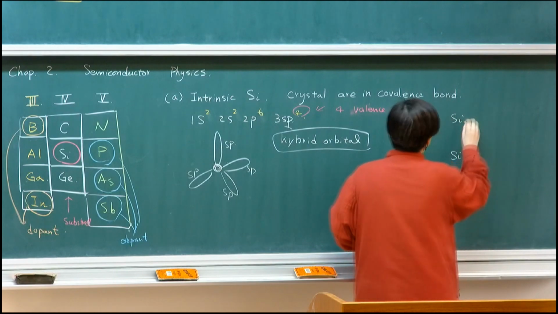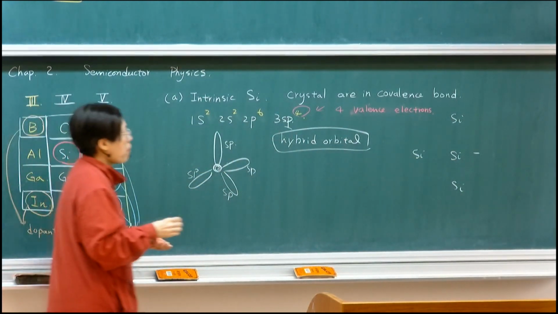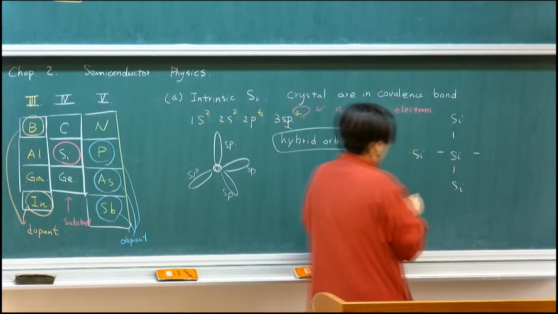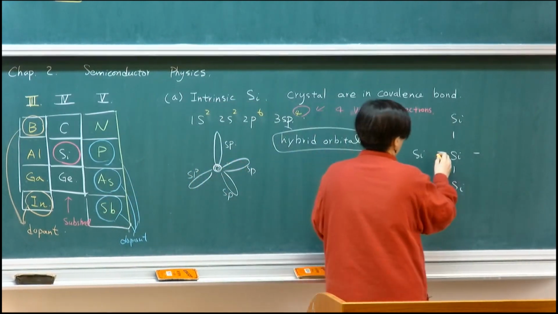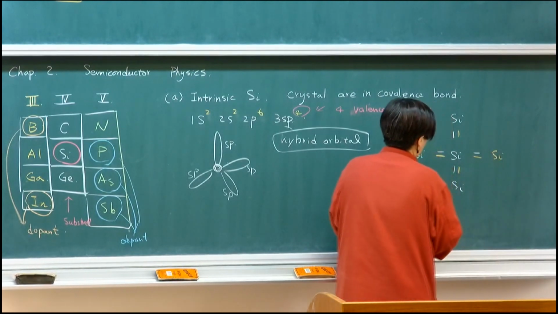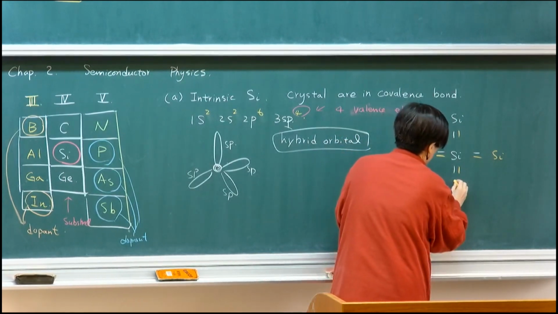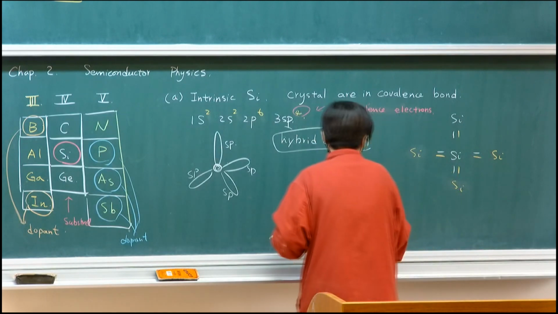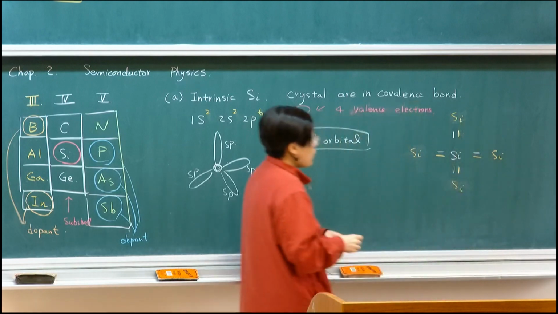Each silicon atom, remember, has 4 valence electrons. Therefore, there are 4 coming from the center and then coming from this side. The yellow ones will be the ones on the side. Okay, something like this.